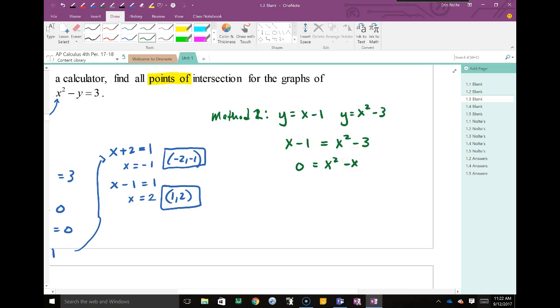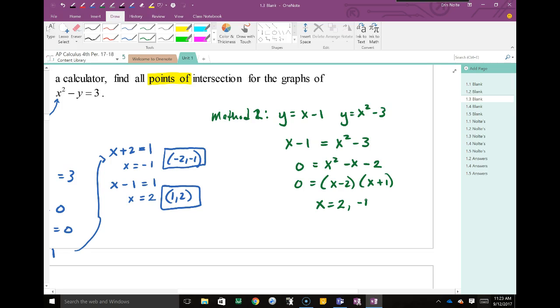I'll agree that -3 plus 1 is -2. So therefore, I have easy method of factoring. Two numbers that multiply to -2 and add to -1 are -2 and +1. So my two x solutions are 2 and -1. So those are my x solutions.